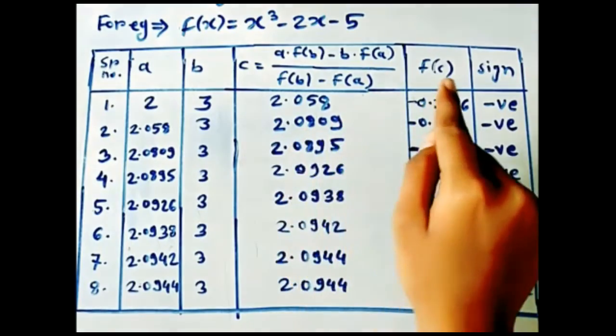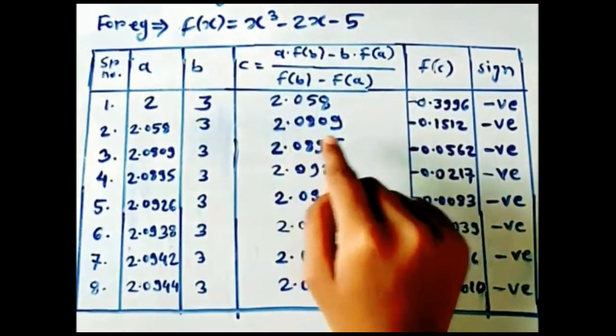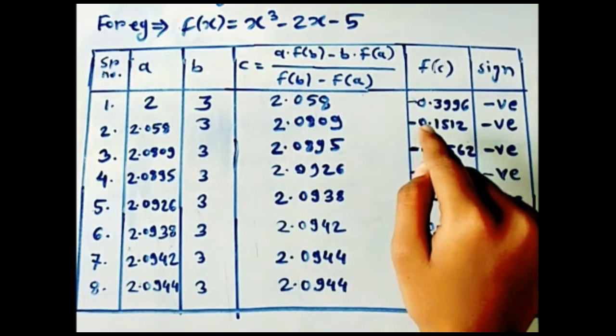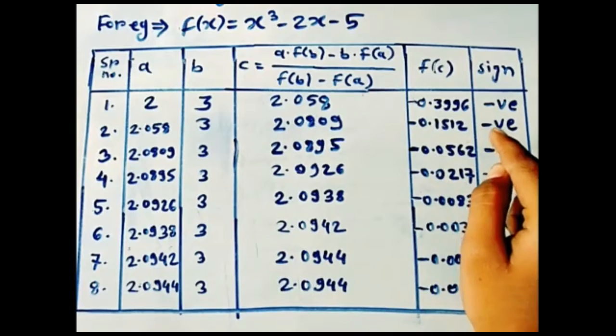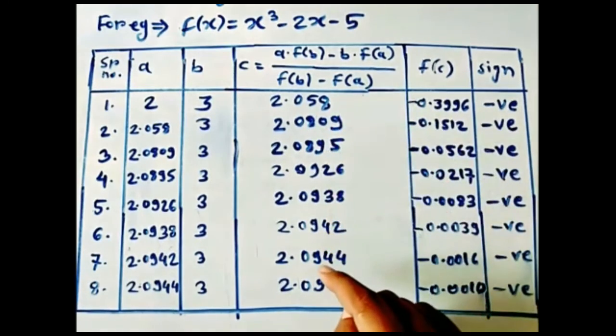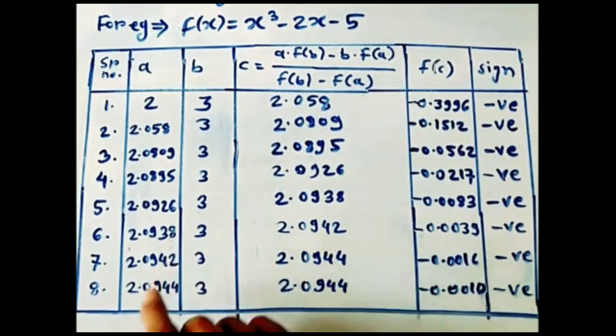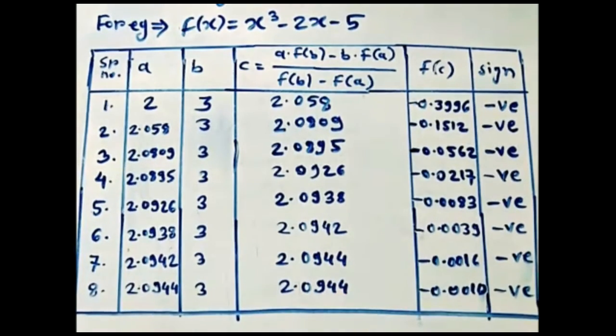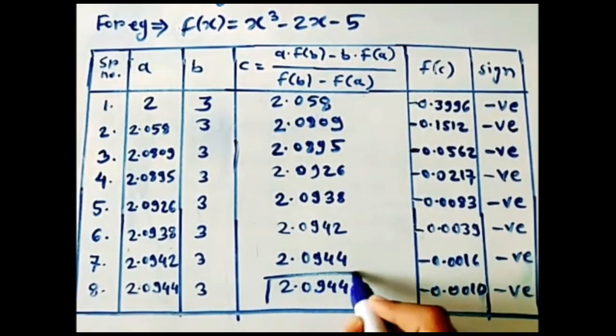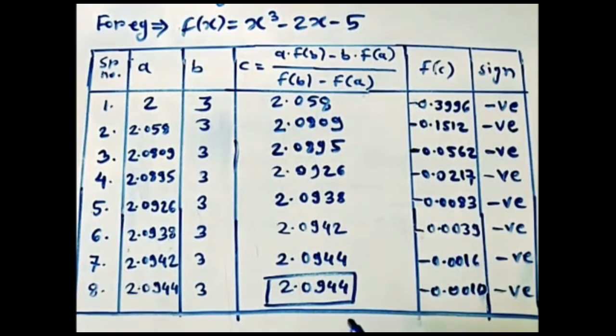Again by putting this value in f of c, we get the value of f of c as minus 0.1512, which is also negative. By calculating 8 iterations, we get the final value of c at the 8th iteration as 2.0944, which is our final root of the given equation. Thank you.